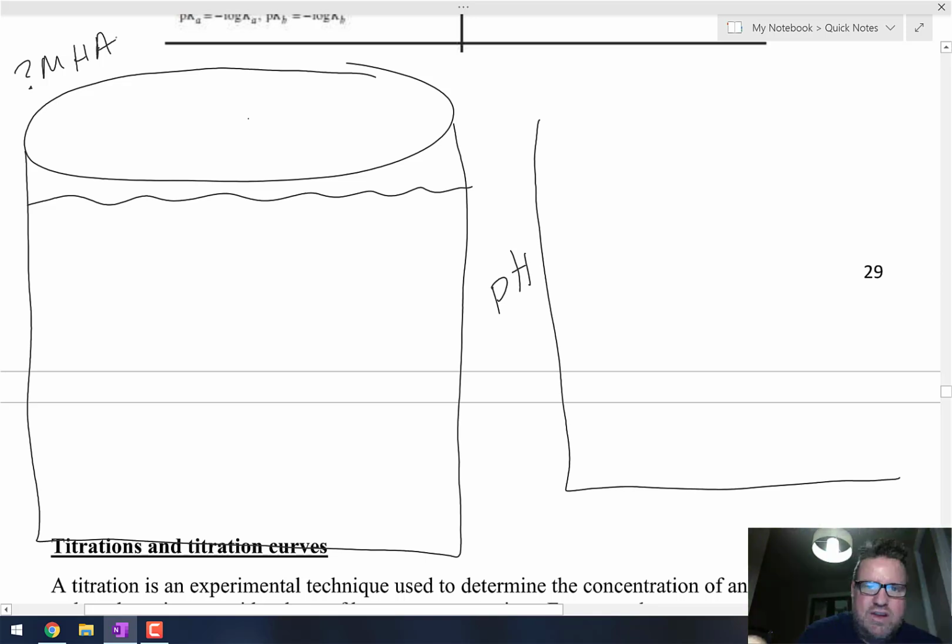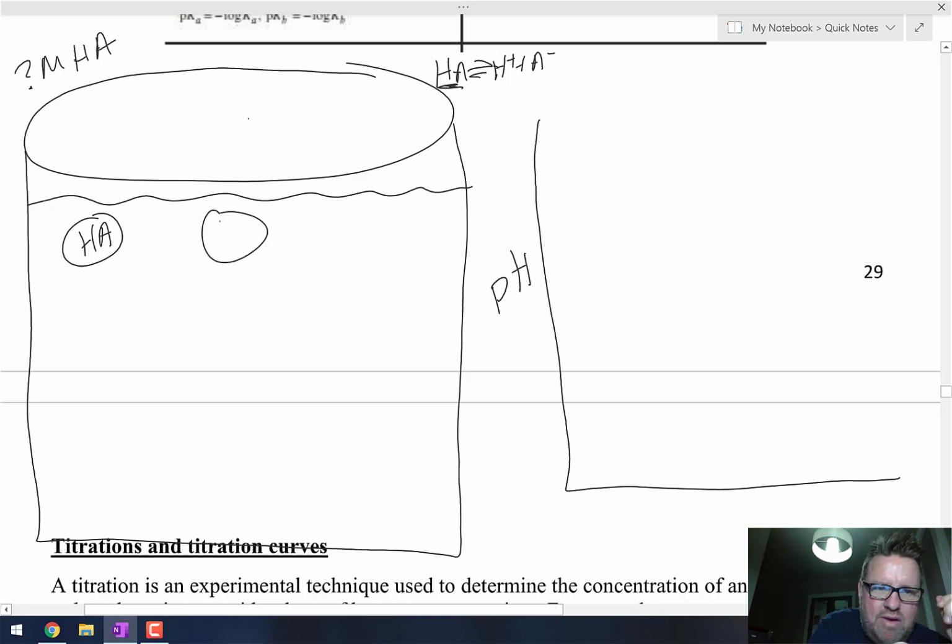HA is therefore a weak acid, which means it creates an equilibrium system. So you've got H plus and A minus. But as you know, most of what's in that solution, because it's a weak acid, is the molecular form, the non-ionized form of that acid. So what do you have floating around in the water?